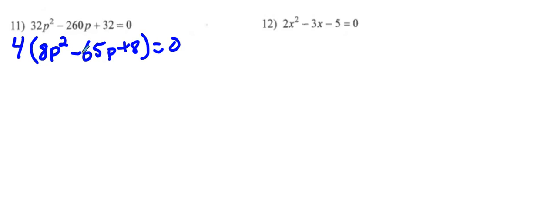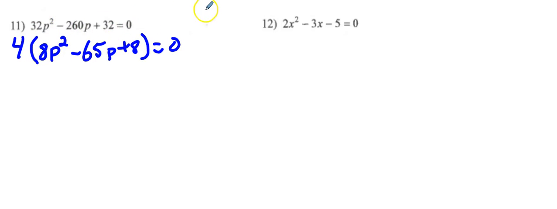All right, so now we're ready to do what we did on number 9, which is we're going to multiply 8 times 8 to find the number that we're trying to factor to.